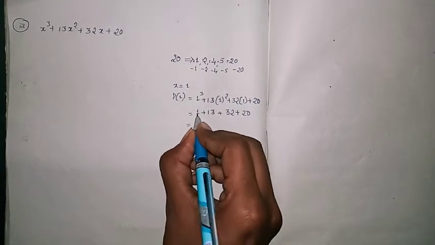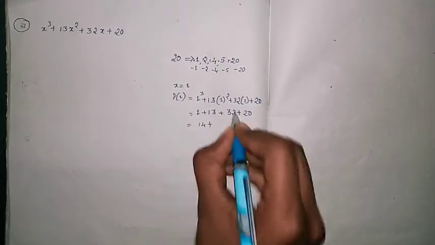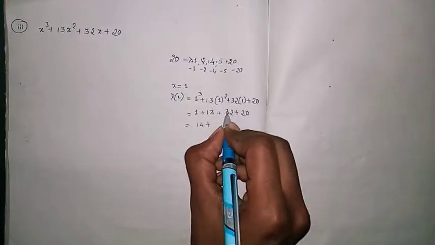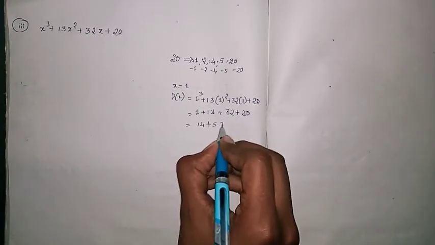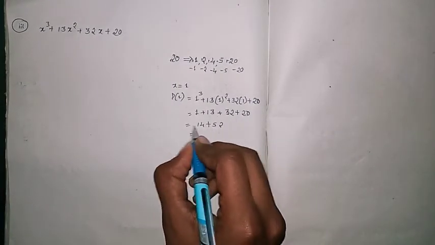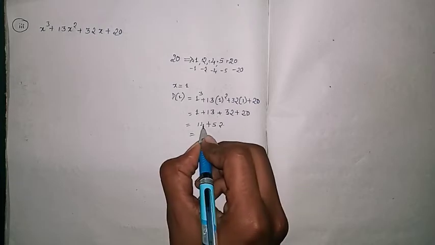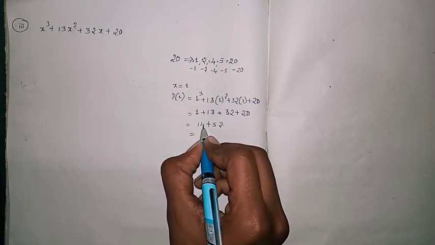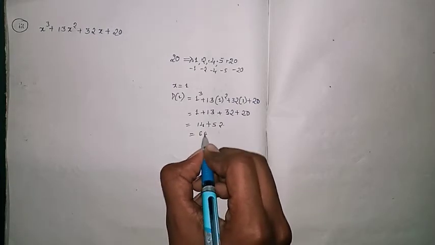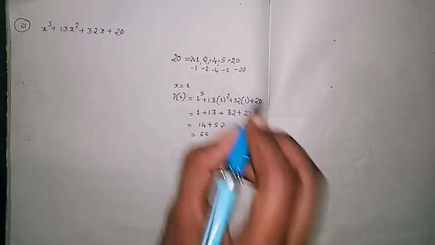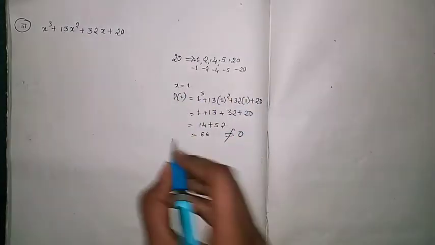So 13 plus 1 is 14. Then 14 plus 32 plus 20: 30, 40, 50, 52. So 52 plus 14 is 66, which is not equal to 0. So p of 1 will get cancelled.